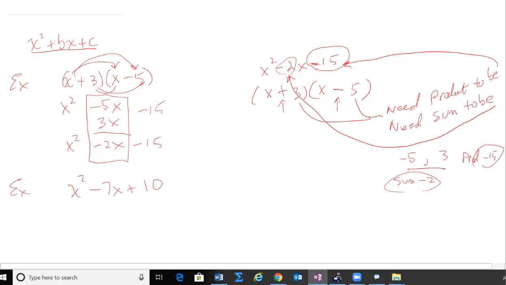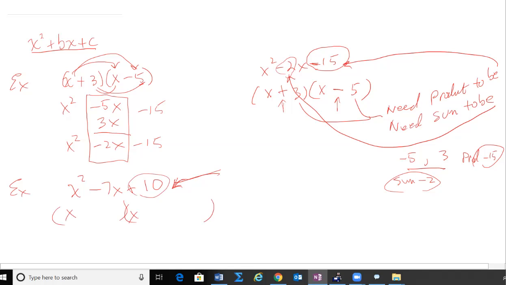And by the way, when you look at one of these trinomials in this form, they're not all factorable. Sometimes they are not factorable. And we'll be able to tell if we fail in our attempt to find two numbers whose product is 10 and whose sum is negative 7.